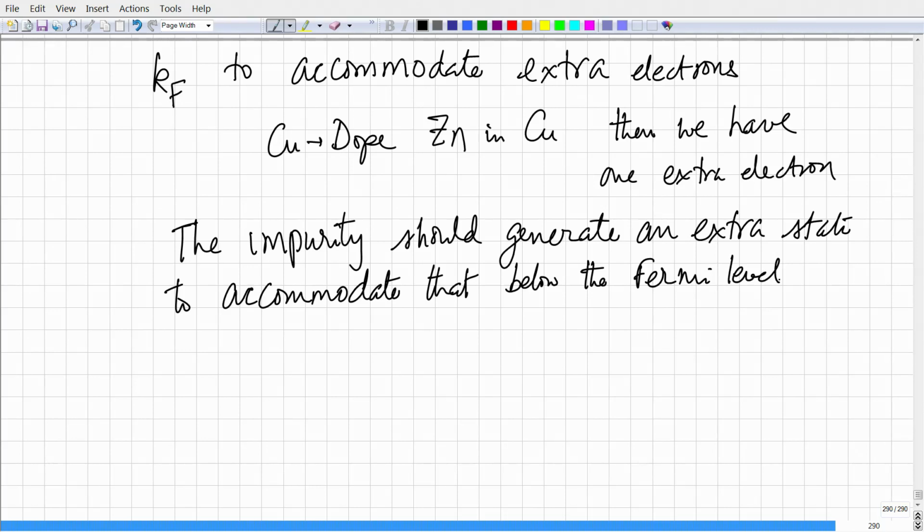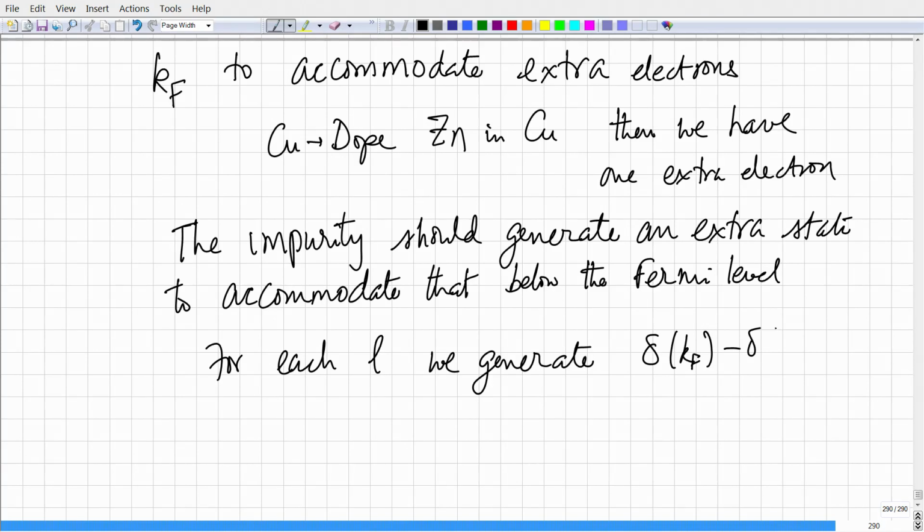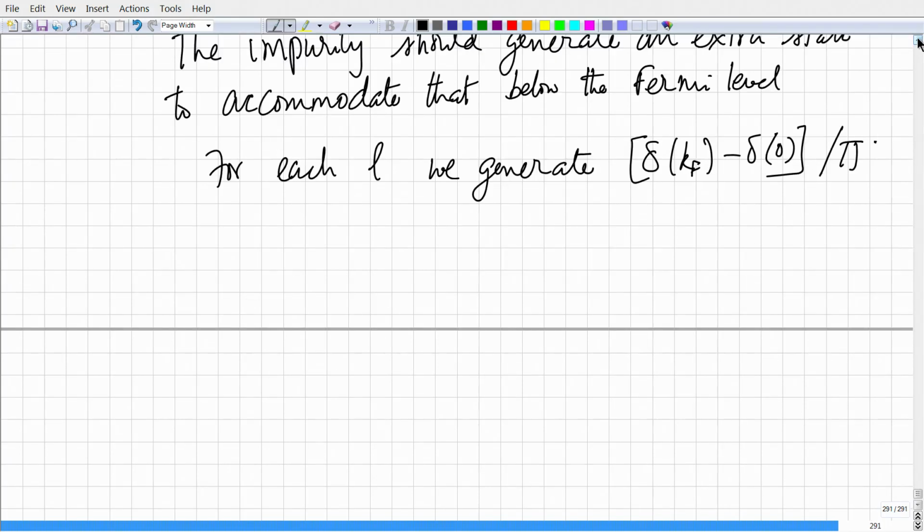So for each angular momentum L, we generate delta Kf minus delta 0 divided by pi, and for each L we have 2L plus 1 degeneracy.